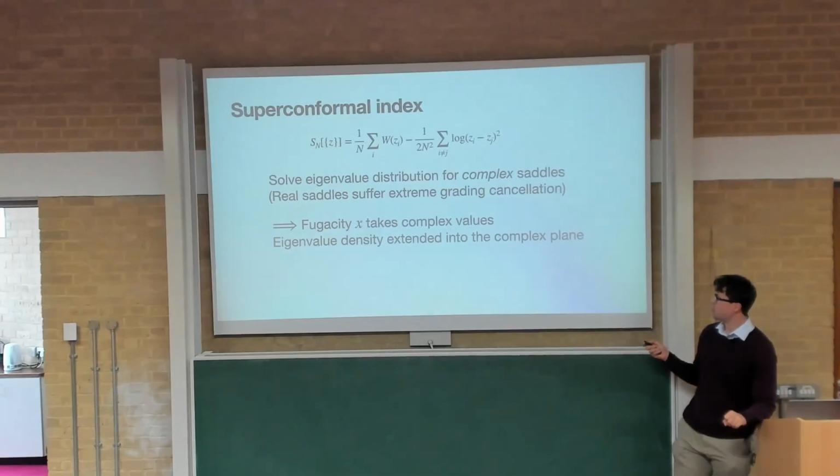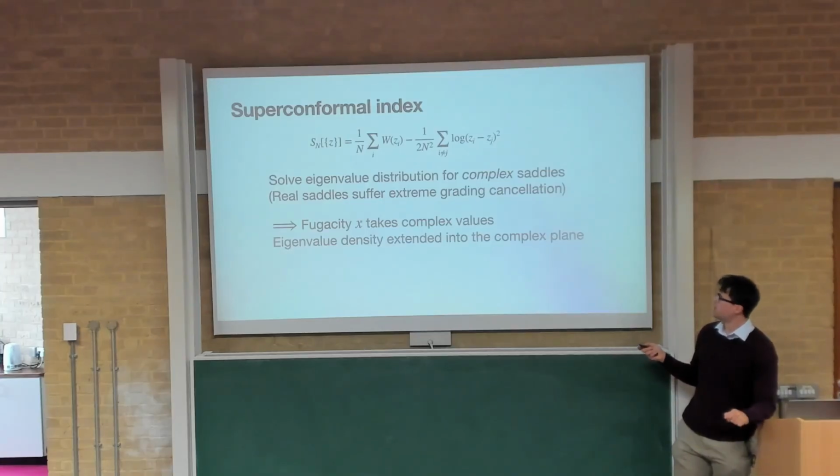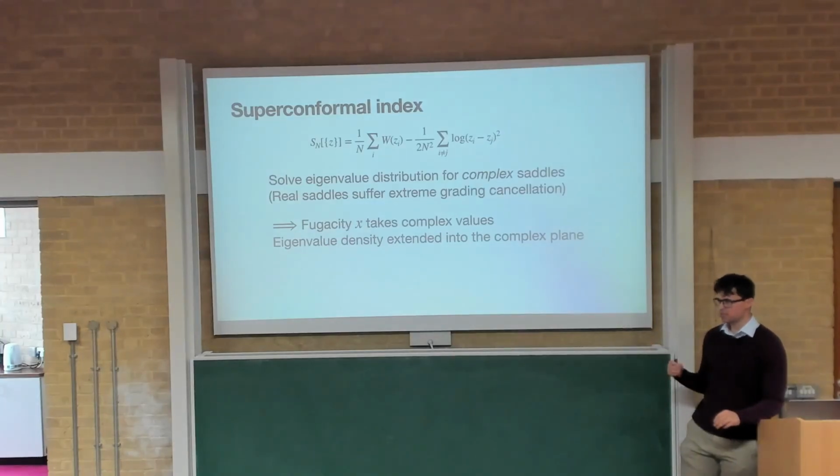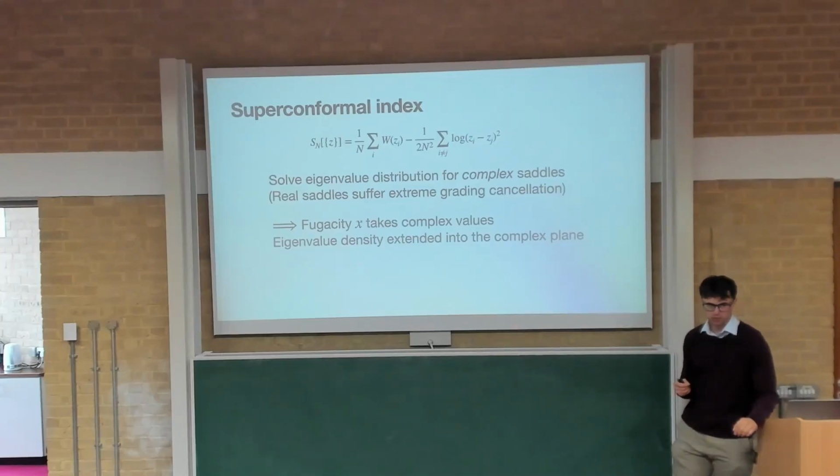This was resolved by looking for complex saddles instead. But that means that the fugacity x that I introduced before has to take complex values as well, and the eigenvalue density distribution has to be moved into the complex plane, so it no longer just sits on the unit circle.